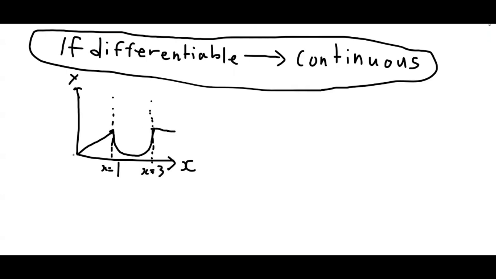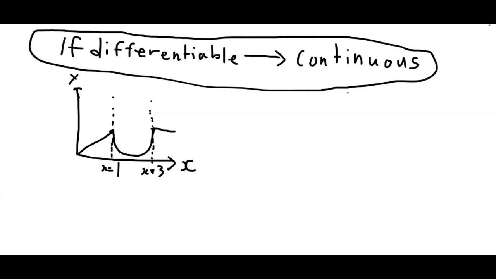Just think about this. Here's a good example. We can see that the function itself is continuous, but then I see 2 points where I cannot differentiate, x equals 1 and x equals 3. So that is why, although a function is continuous, it's not always differentiable. A common thing to know for your AP exam.